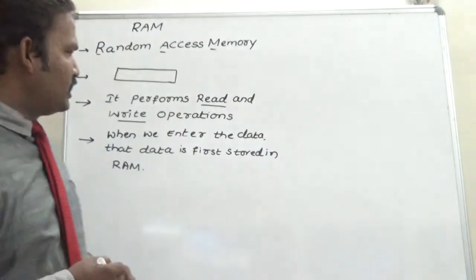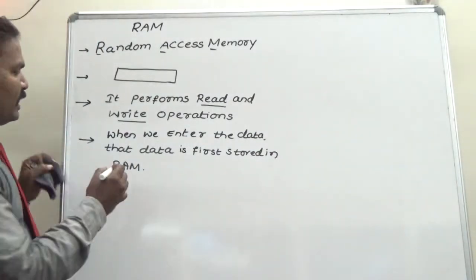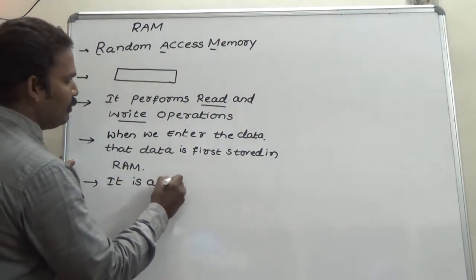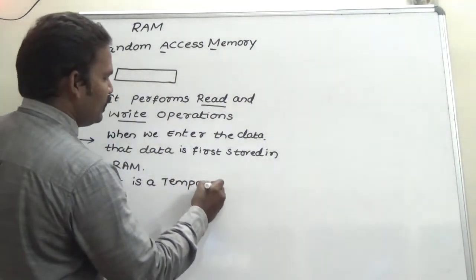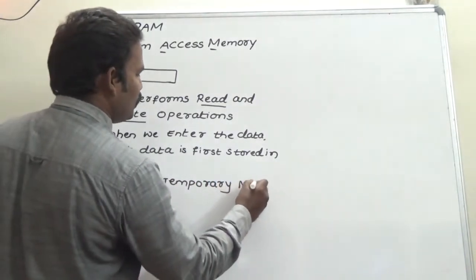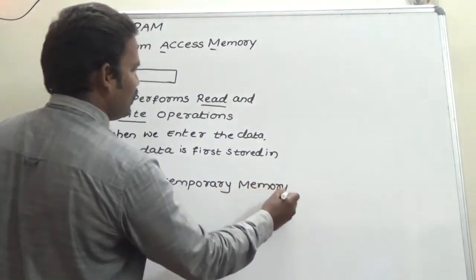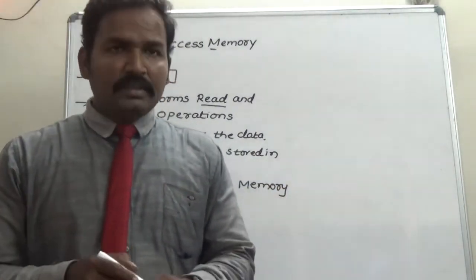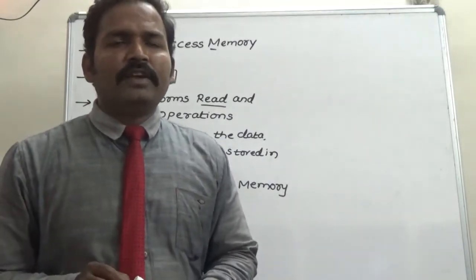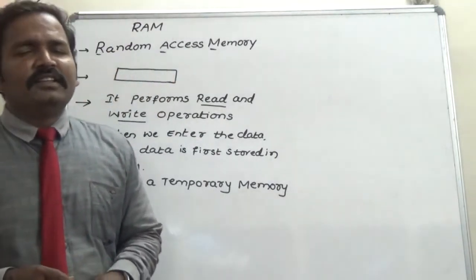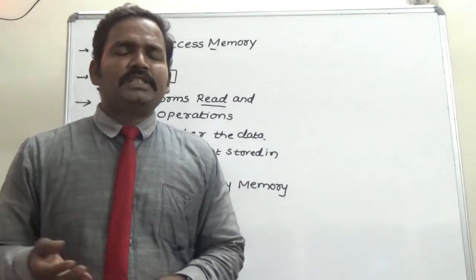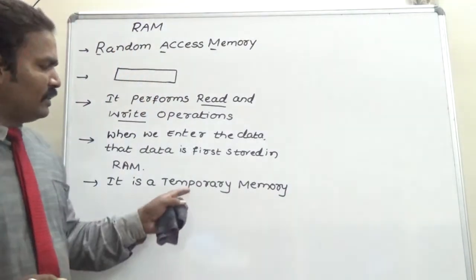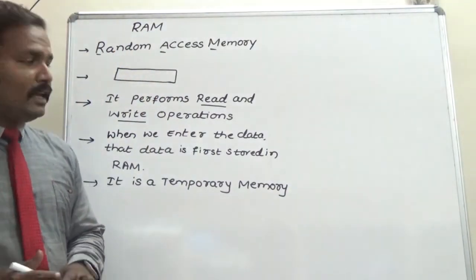Next, RAM is a temporary memory, not a permanent memory. That means when we switch off the computer, the information stored in RAM will be lost. Why do we say RAM is a temporary memory?